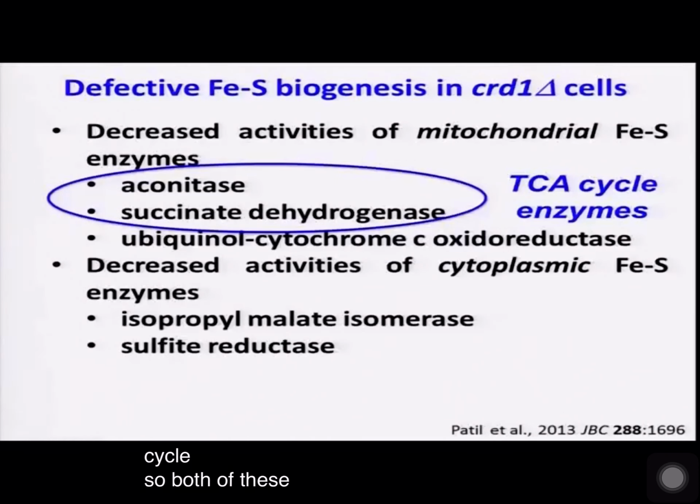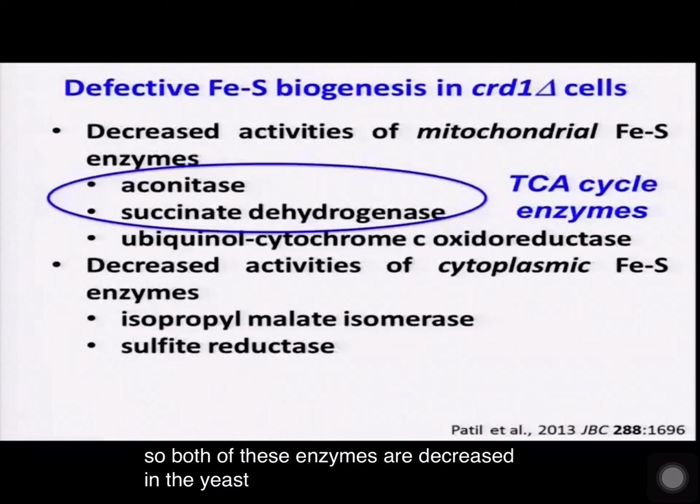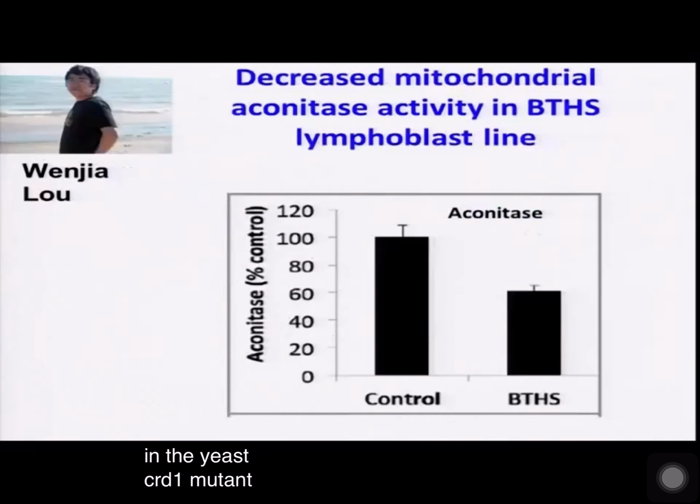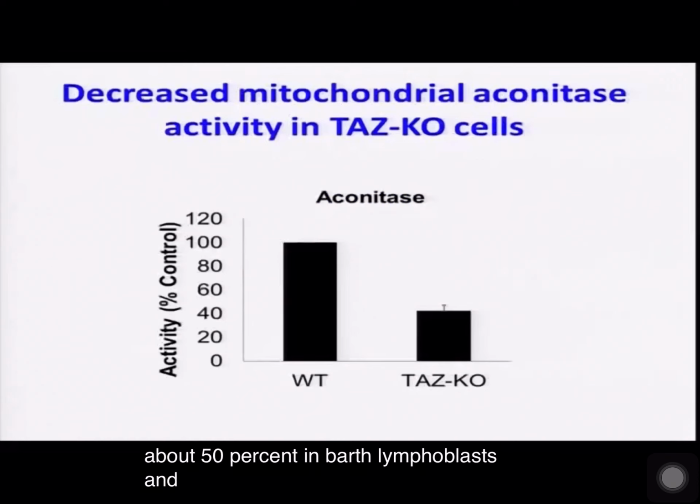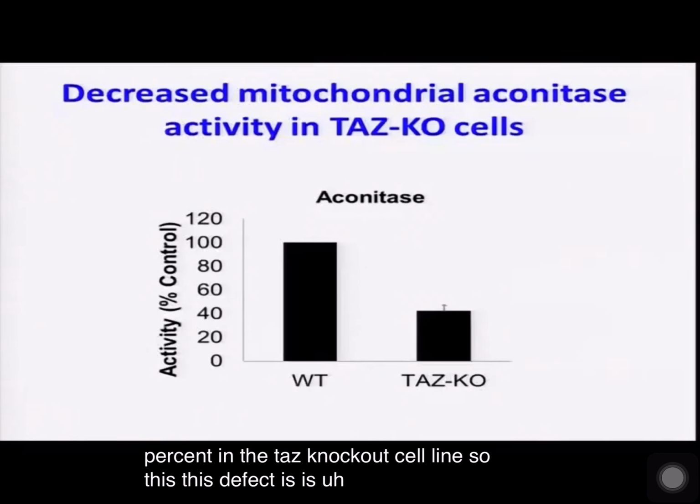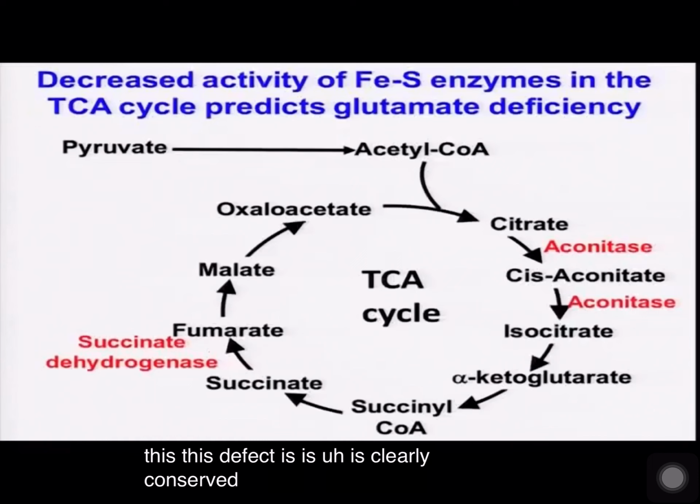So both of these enzymes are decreased in the yeast CRD1 mutant, and Wenja has now shown that there is a decrease, about 50% in Barth lymphoblasts, and also a decrease of even more than 50% in the TAZ knockout cell line. So this defect is clearly conserved.